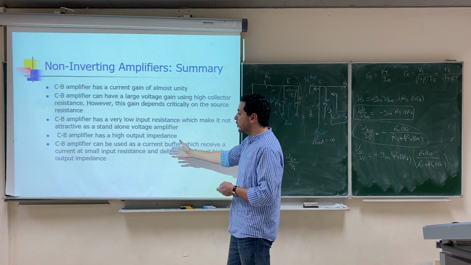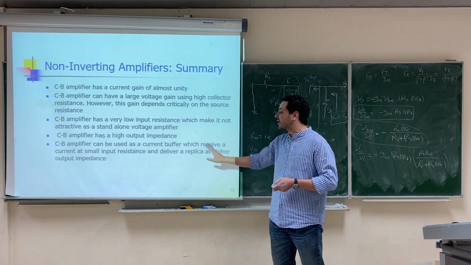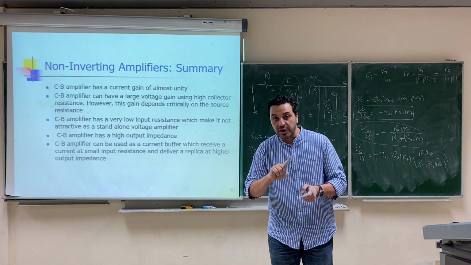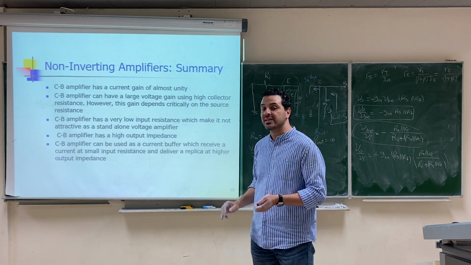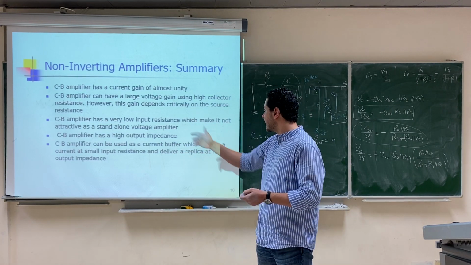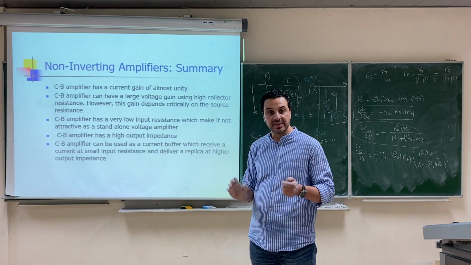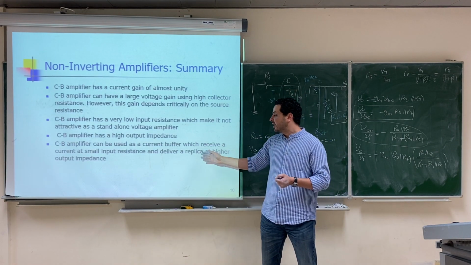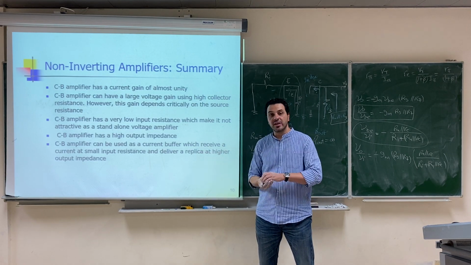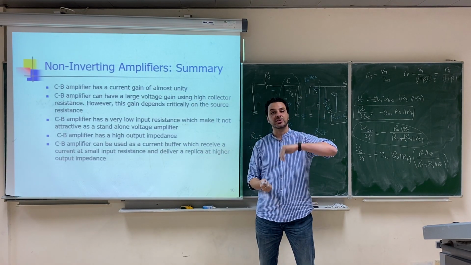Okay? However, we can use the common base amplifier as a current buffer. Not a voltage buffer, a current buffer, where we receive a current at a small input resistance and we deliver it at the output at a high output resistance. This is a useful thing. If the input resistance is low, then it will take most of the input current.